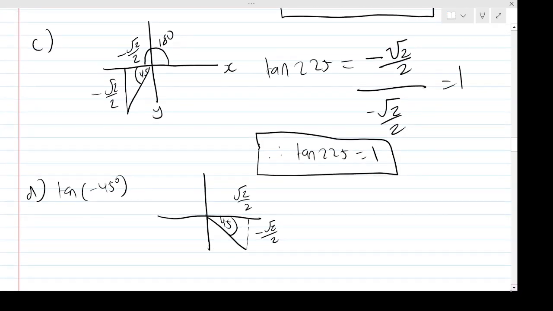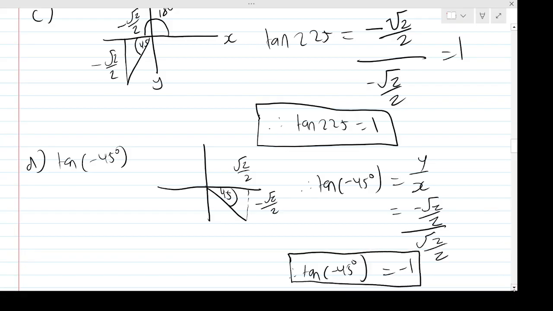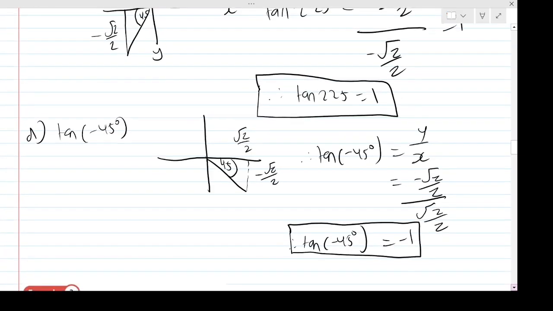Again, overall, tan of minus 45 is going to be y over x, which is negative root 2 over 2 over positive root 2 over 2 for x. That should just get me negative 1. Therefore, tan of minus 45 gets me negative 1. Cool. Okay, then part E.